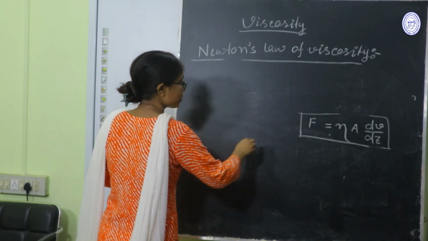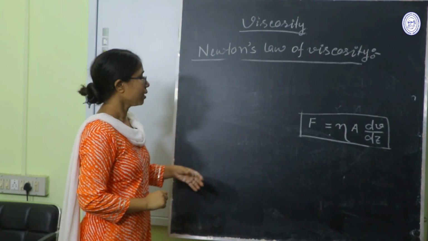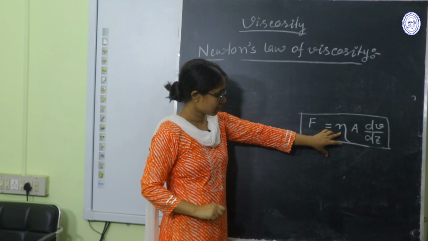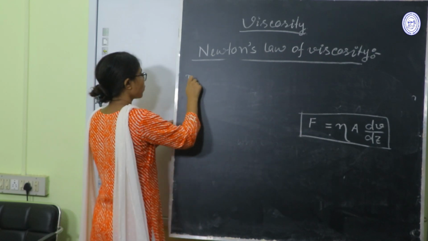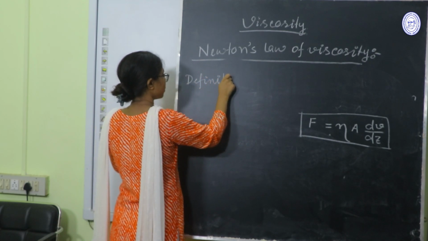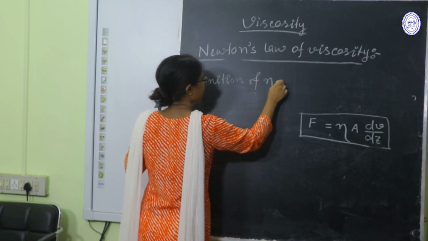Now, from this relation we can easily define eta. This is called eta, and this is known as the coefficient of viscosity. Now, the definition of eta.